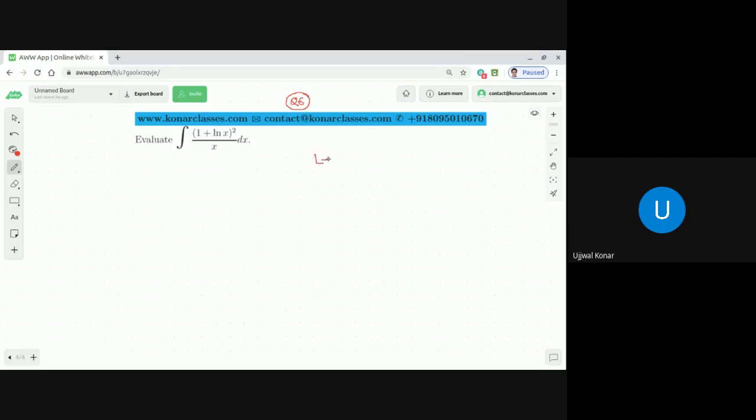As Mohor suggested, let 1 plus ln x equal t. That's the substitution you did, no? And that was the perfect substitution. But I wonder why you didn't get the solution. Now let's differentiate. That implies d/dx of 1 is 0 and d/dx of ln x is 1 by x, so 1 by x dx equals dt, correct?